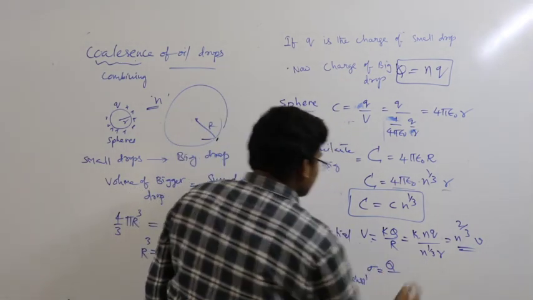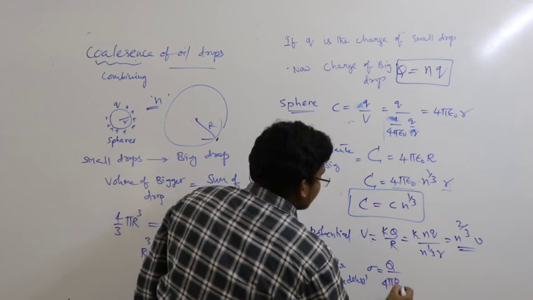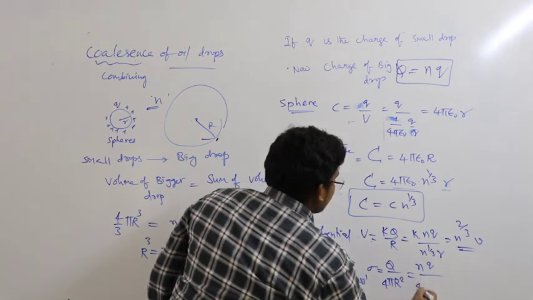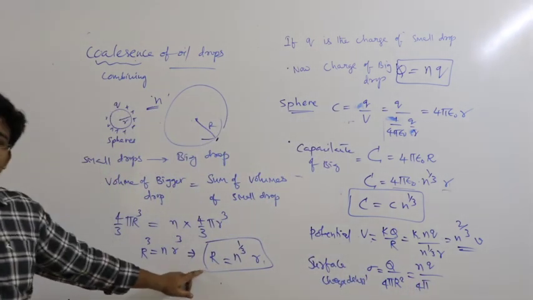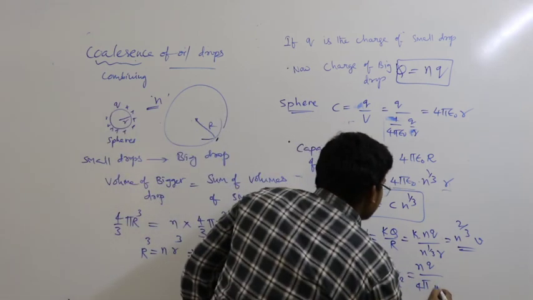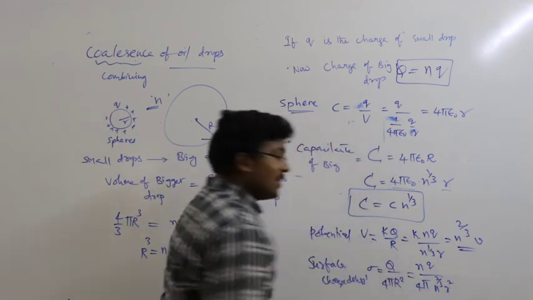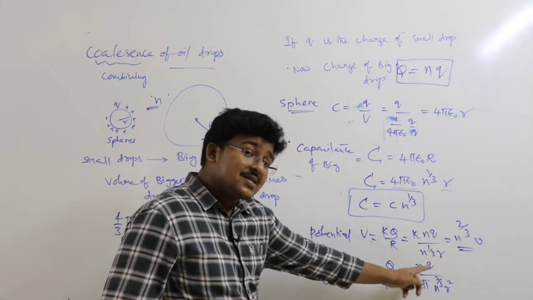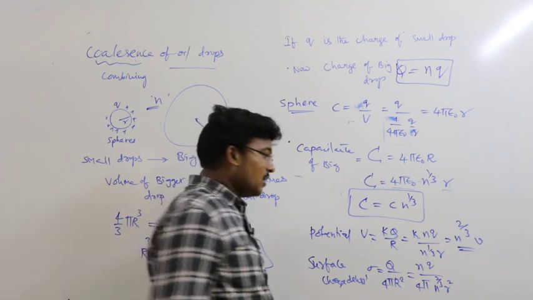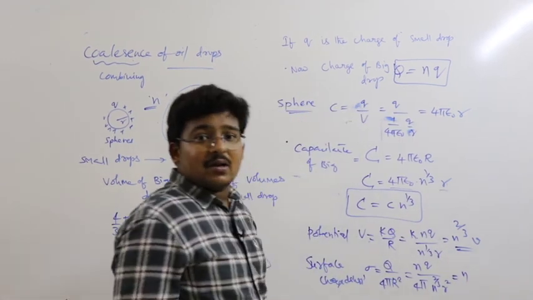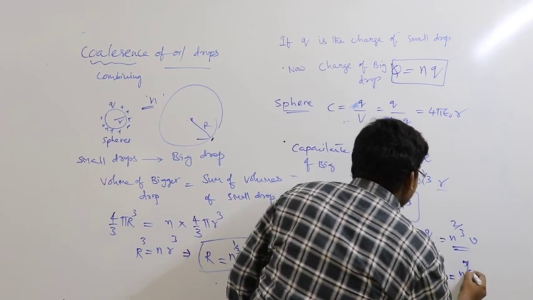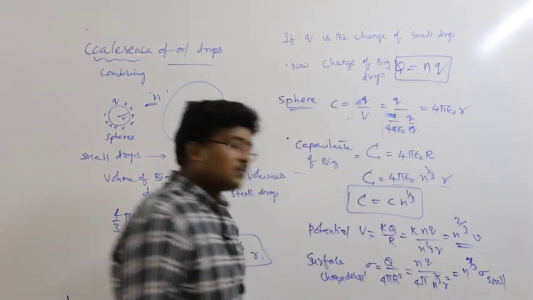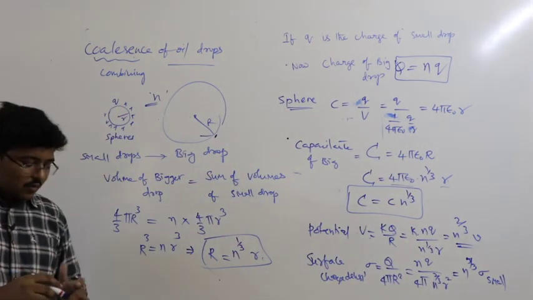The charge is n times small q, and the area is 4 pi R square for the bigger drop, where R square is n power 2 by 3 into small r square. So you get n power 1 by n power 2 by 3, as 1 minus 2 by 3, it will be n power 1 by 3. So you can simply say that it is n power 1 by 3 times the sigma of the smaller. Likewise all these things are going to relate.